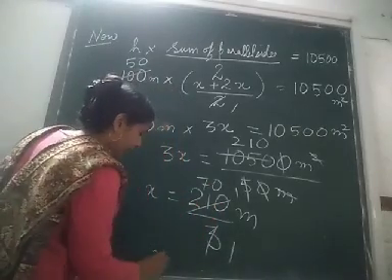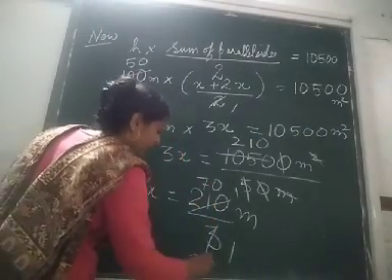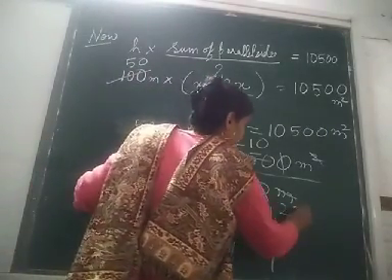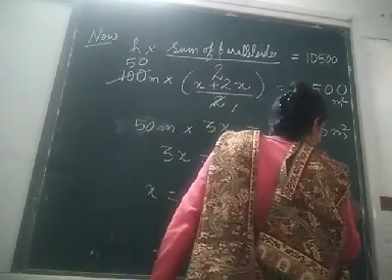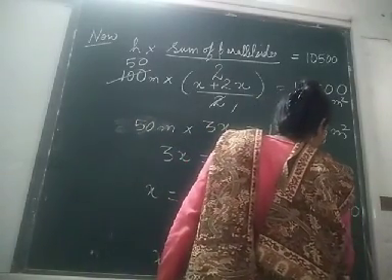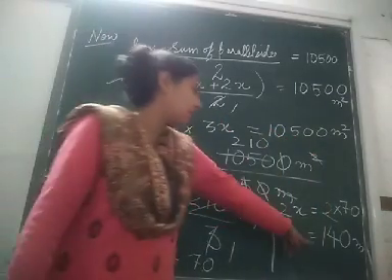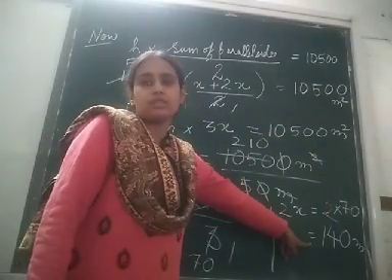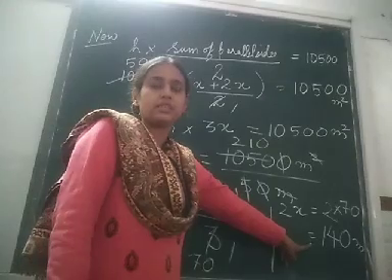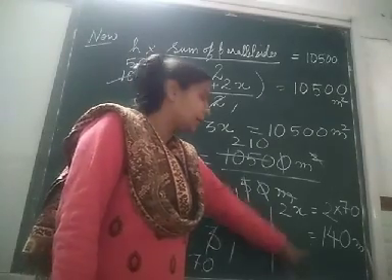So the value of x is 70. Then 2x is 2 into 70, that is 140 meters. So this is your answer. The length of the side along the river is 140 meters.